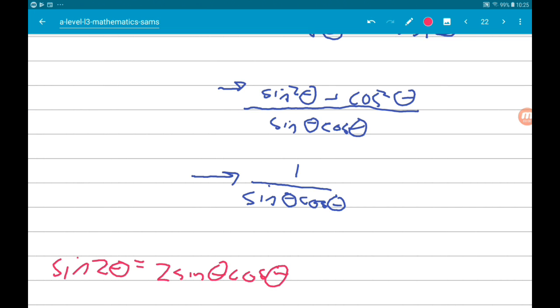So, sin theta cos theta is equal to 1/2 sin 2 theta.